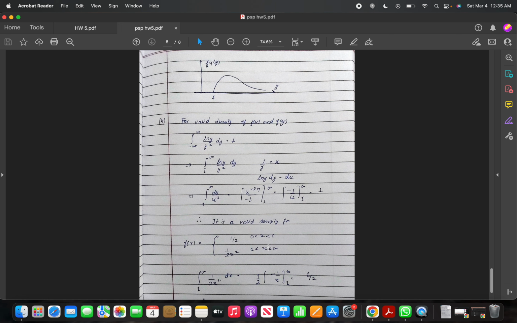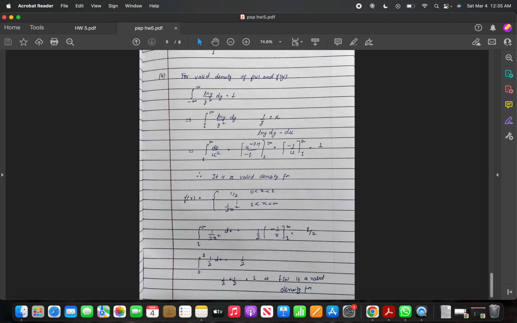So when x is between 0 to 1, it is half, so when we take the integral of half from 0 to 1, we get 1 by 2, and when we take the integral of 1 by 2x square from 1 to infinity, we get 1 by 2, which actually will sum up to 1. So from this we can say that f of x is a valid density function.